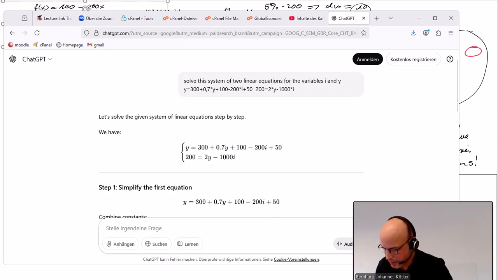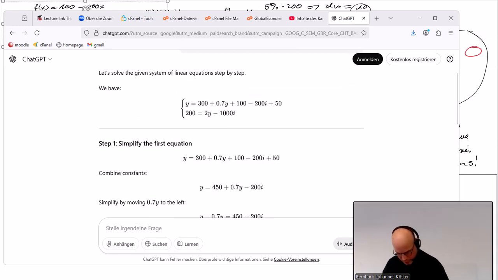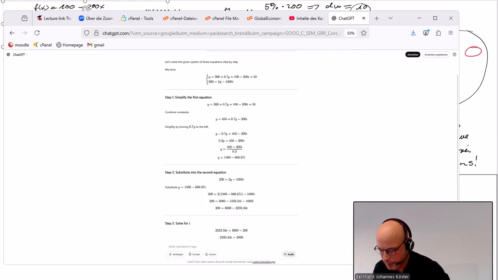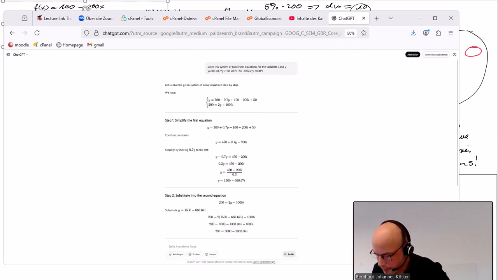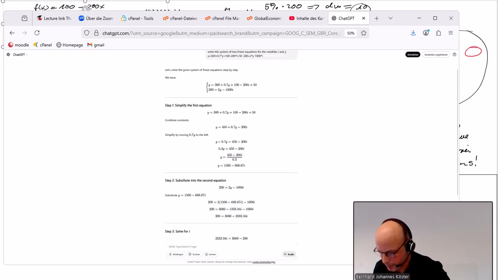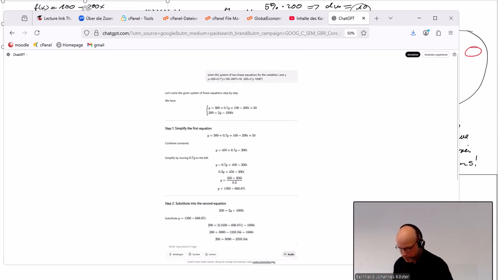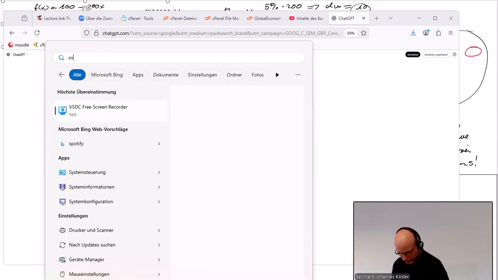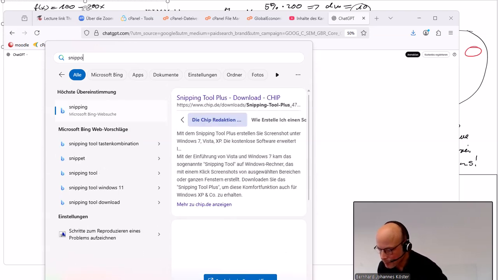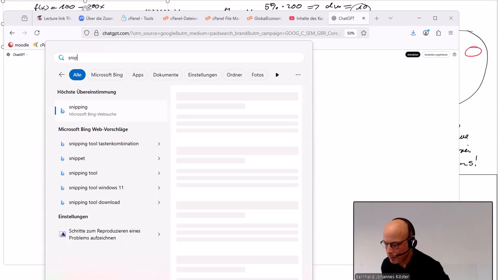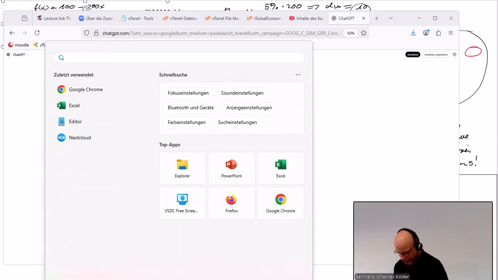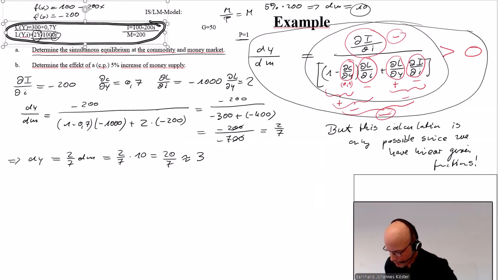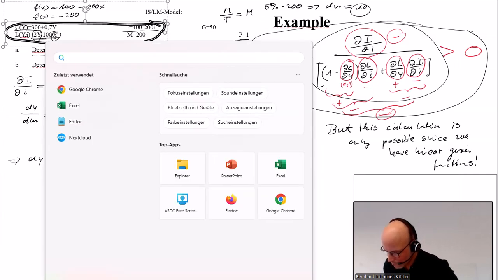Then let's copy the output of ChatGPT into our slide. Oops. How was it? How did I get the snipping tool in the new version?